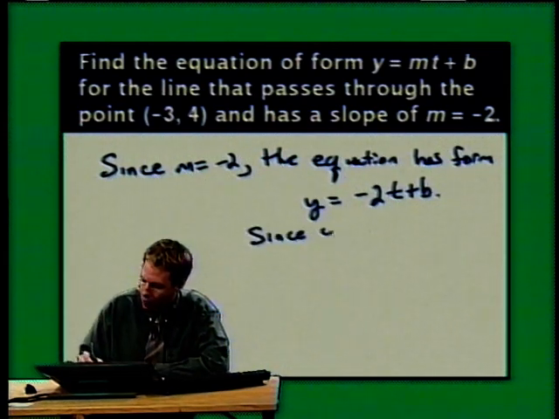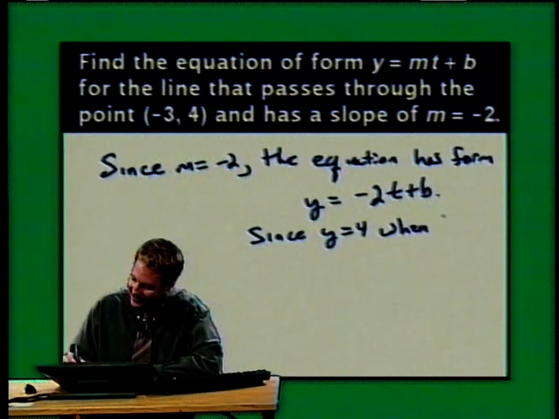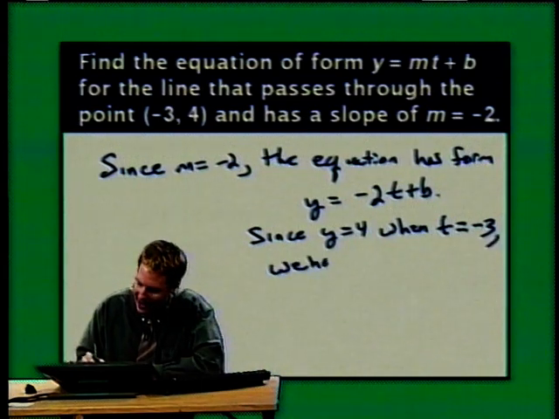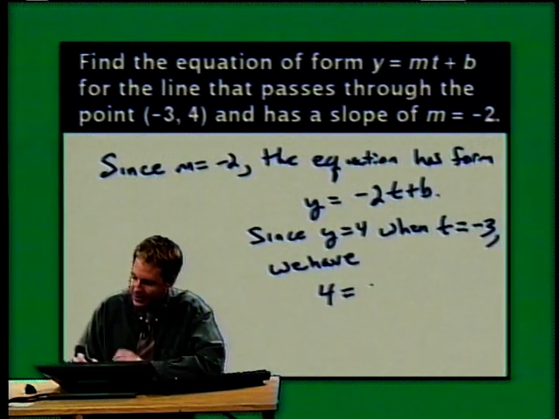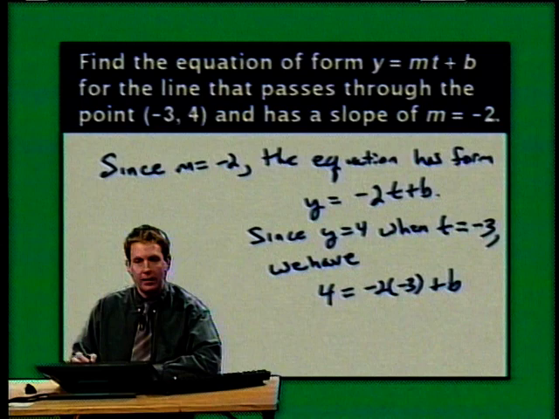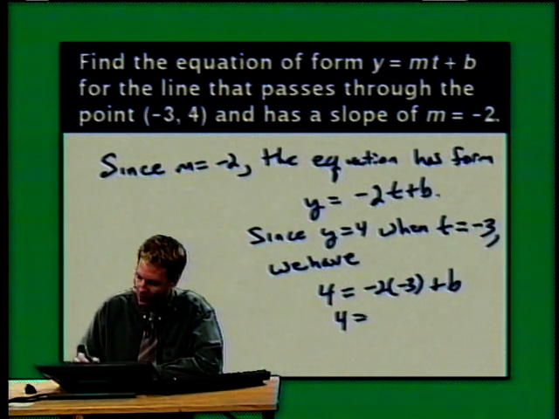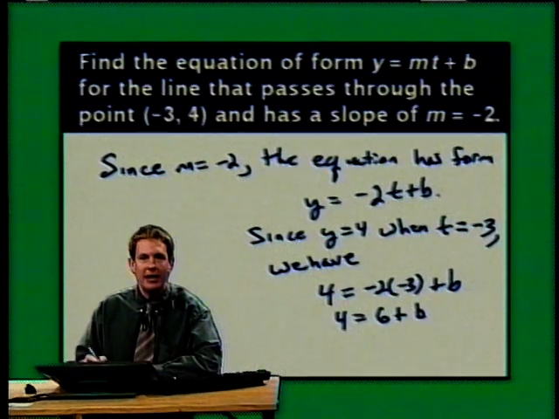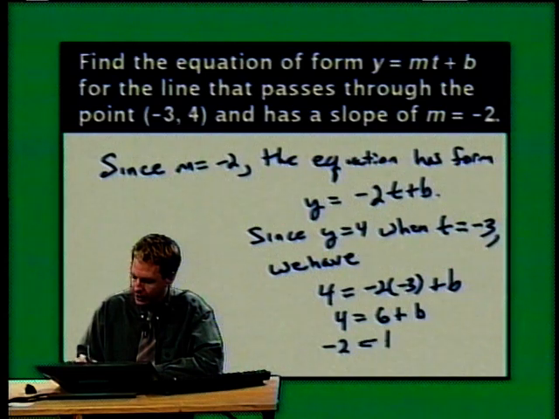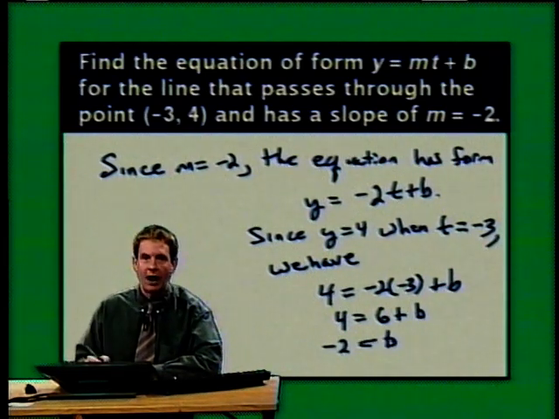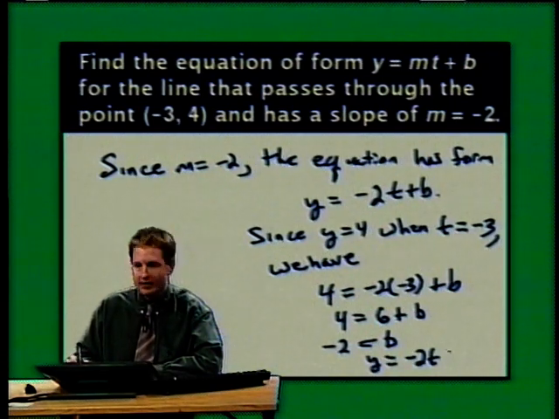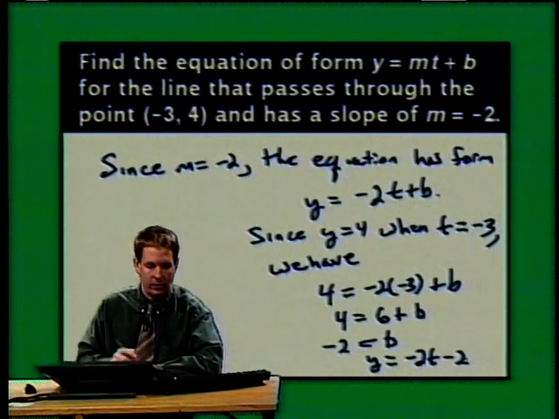Since y is 4 when t is -3, we have 4 equals -2 times -3 plus b. -2 times -3 is 6, so 4 equals 6 plus b. Subtracting 6 from both sides of this equation, I have -2 equals b. It appears that our equation is y equals -2t plus -2, which is the same as -2t minus 2.